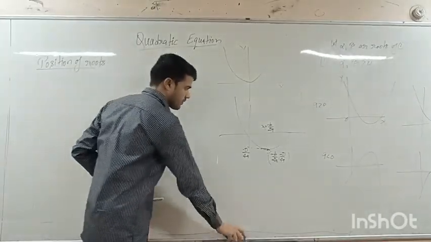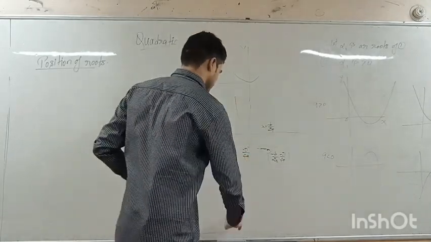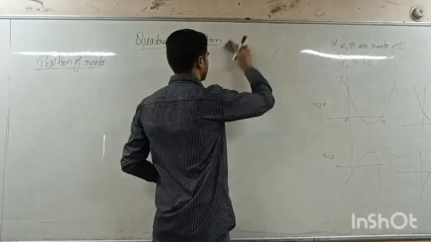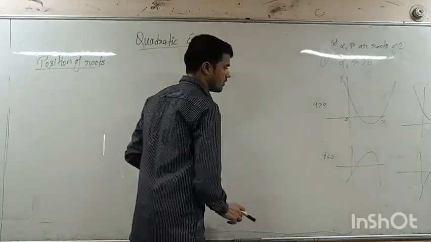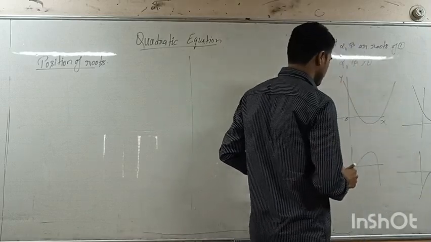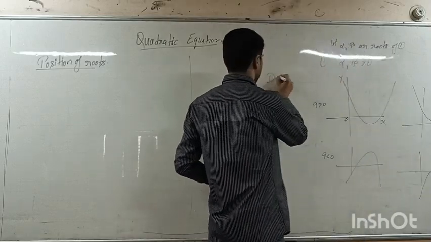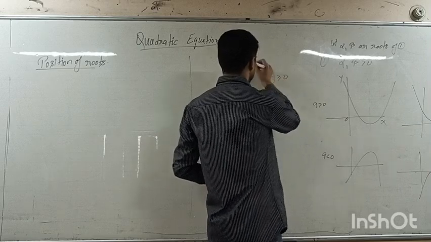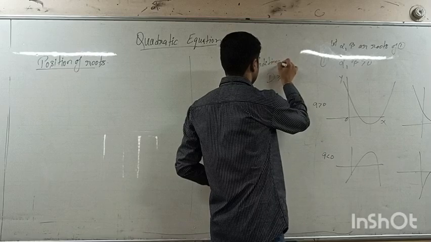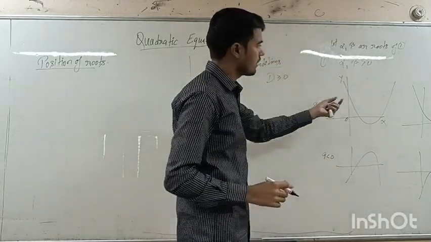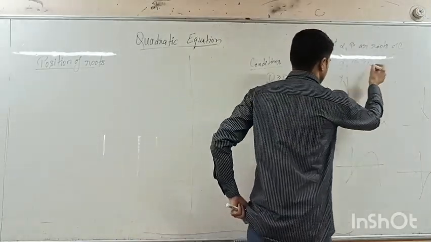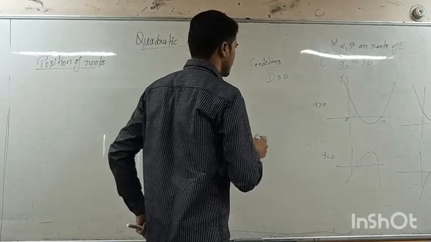So if this is the case, what conditions can we find? First, D is always greater than or equal to 0. So these are conditions. What can we observe from the condition that alpha beta is greater than 0?